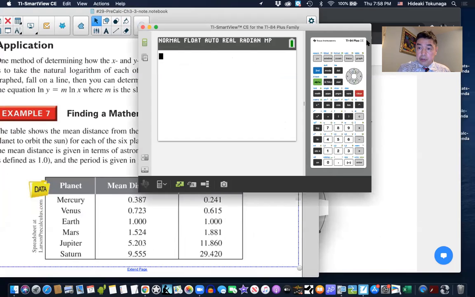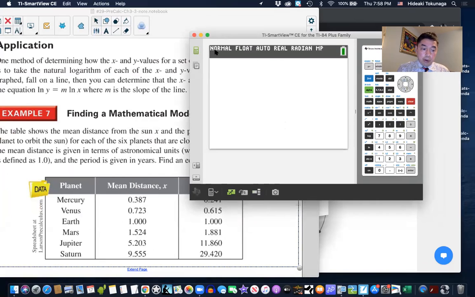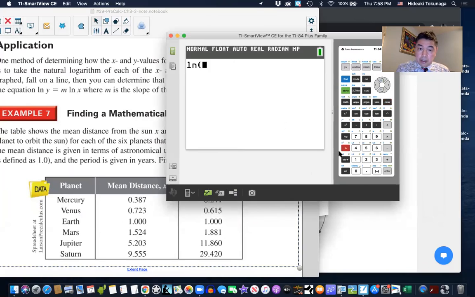If you use natural log, the first number you plug in is natural log of 1, which is Earth's distance from the sun, defined as 1. The base is e, so e to what power is 1?